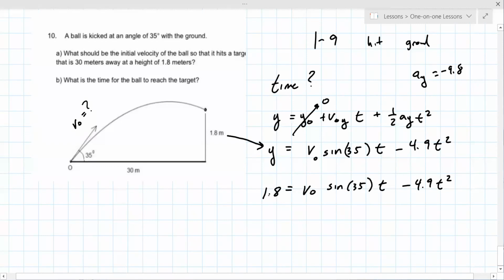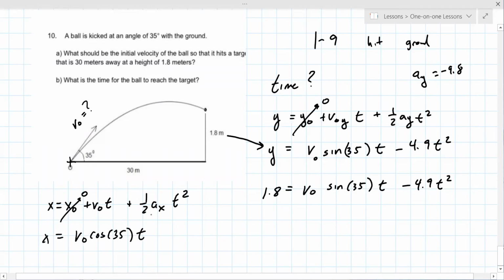So the only other equation you have is your x equation. x equals x naught plus v naught t plus 1/2 acceleration in the x direction times time squared. We know that it starts at 0 at the origin. We know that its initial velocity is v0 cosine 35 times t. What is the acceleration in the x direction?